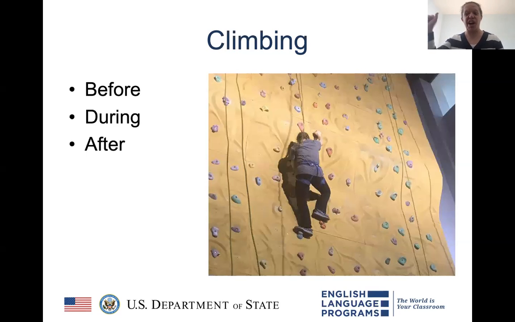I mainly just grabbed onto anything I could reach. I didn't have any plan. I didn't have any strategy. I just grabbed onto the next closest hold. I made it to the top. I slid down my rope and I just breathed a sigh of relief. I had climbed the wall.